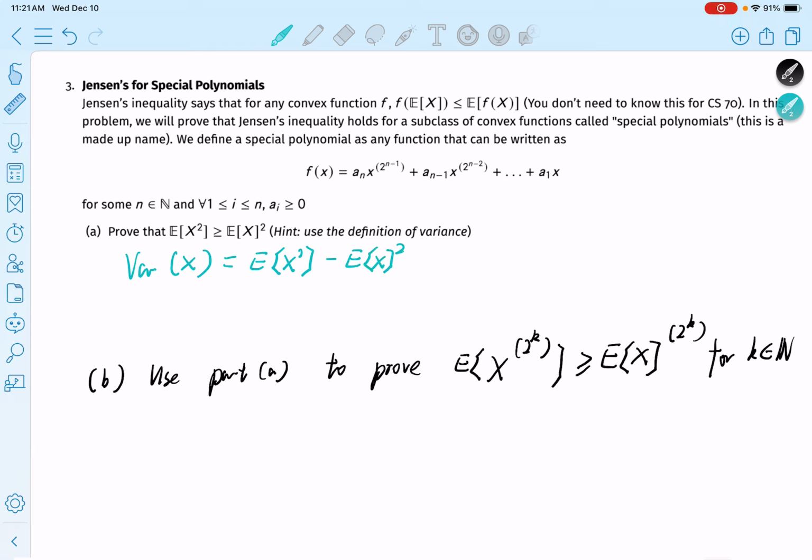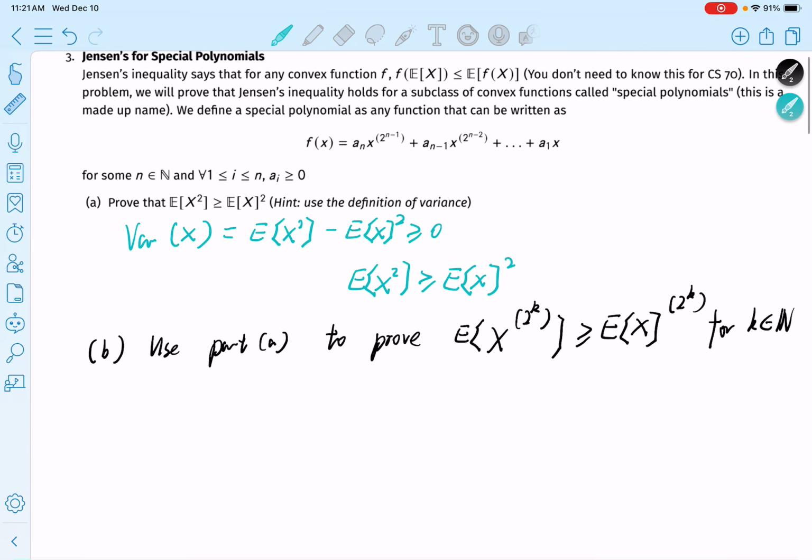And we know the variance is greater than or equal to 0. So this one is quite intuitive. It just gives us the expectation of x squared is greater than or equal to the expectation of x, squared. This is what we wanted, so we prove part A.